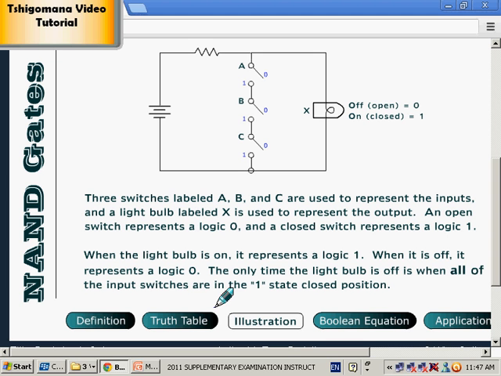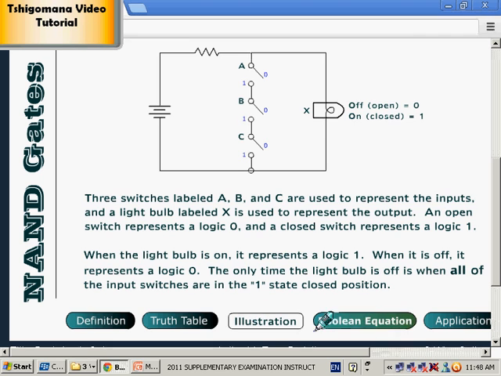The only time the bulb is off is when all the input switches are in the 1 state, closed position. That is the only time when the bulb will be off, which means that the bulb will be on when all the input switches are off.